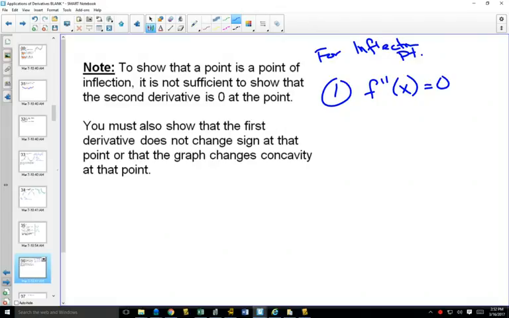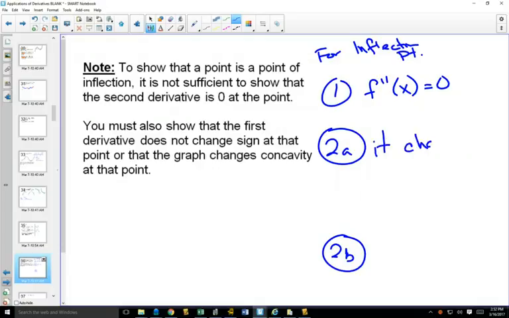And then part 2, and I'm going to go 2a or 2b. You have to show one of these two. 2a is probably the easiest one. Show that it changes concavity.